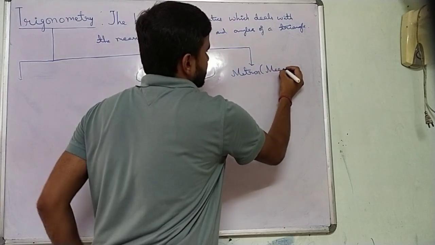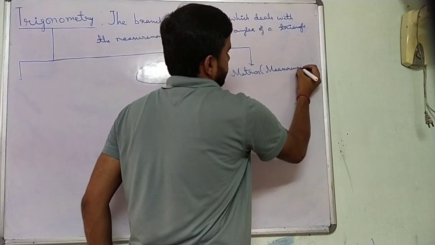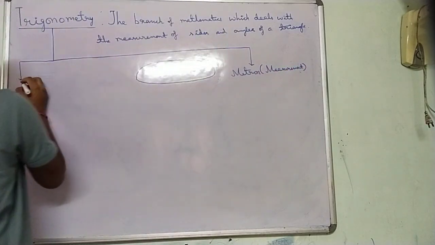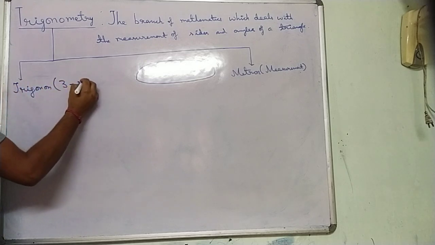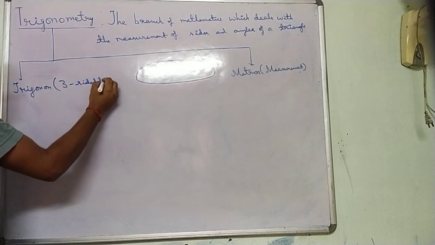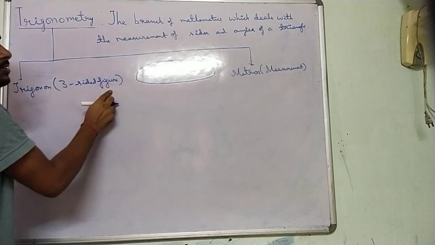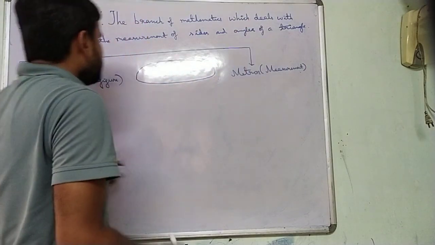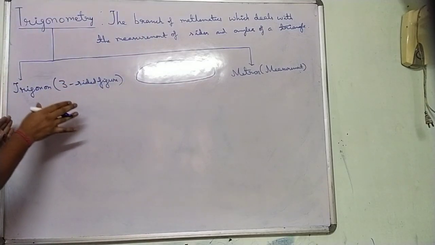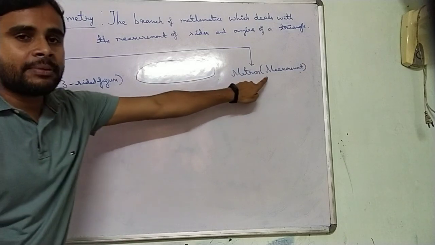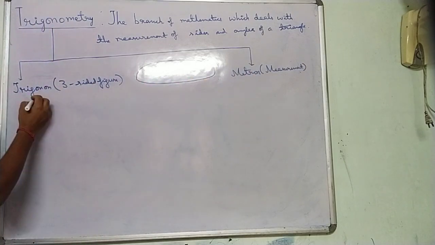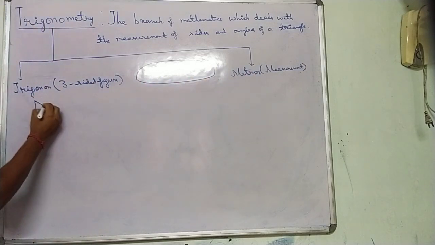Metron means measurement, okay, and trigonon means a three-sided figure, that is a triangle. Now in this particular topic, in the first stage, we are going to study the measurement of a triangle. Which triangle? A right angle triangle.